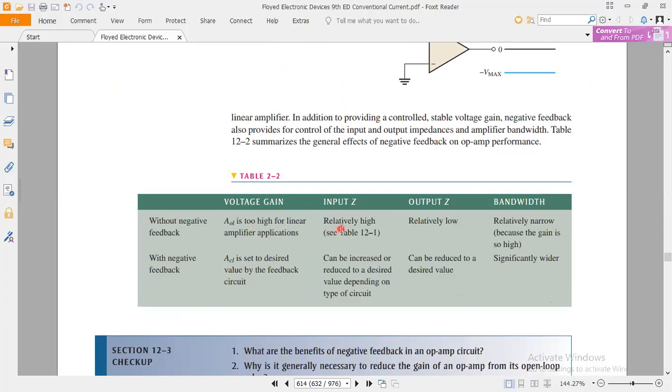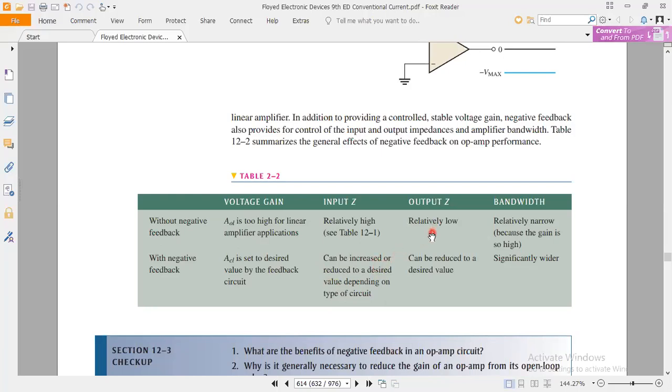Now, input impedance is relatively higher without feedback, and with feedback it can be increased or reduced to the desired value depending on the type of circuit. That means the input impedance can be adjusted by installing negative feedback in the op amp.